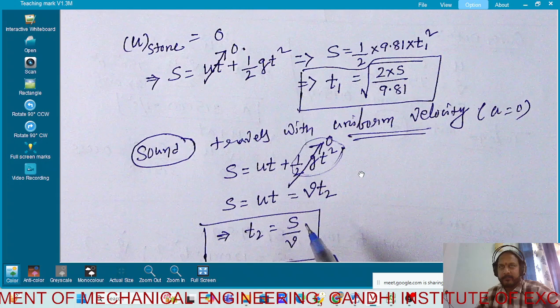So 2s by 9.81 is equal to 6.5 minus s by 336, whole square. Is it correct?